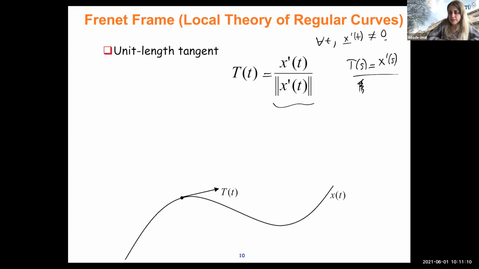I should always have a tangent or the derivative of the curve. When x prime of t is 0, it's called a singular point of the curve, and that's not a regular curve. Typically, we study regular curves.